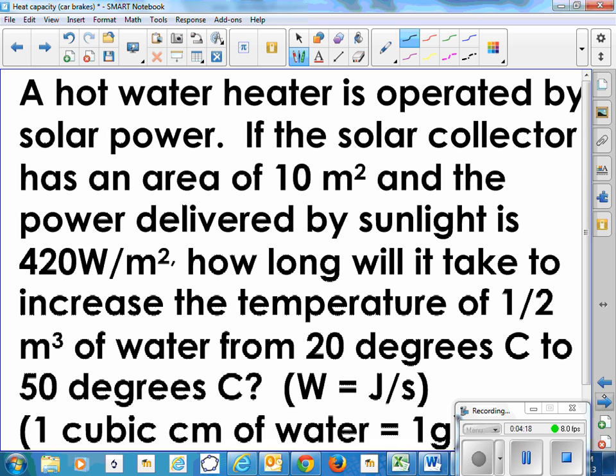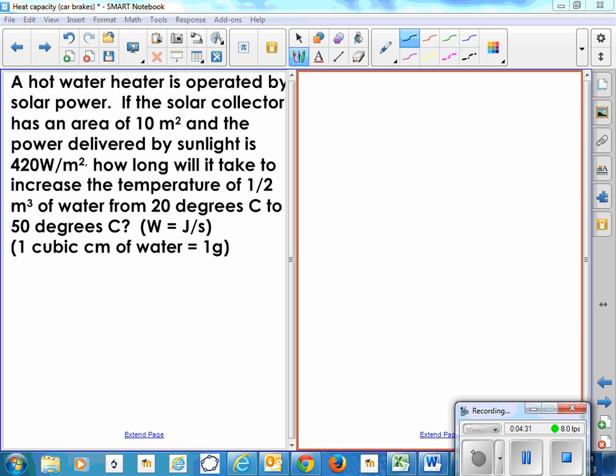So we should figure out how much mass a cubic meter of water has. We have 1/2 of a cubic meter, and we know there are 100 centimeters for every meter.